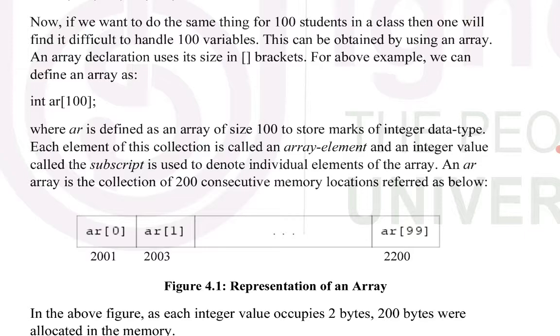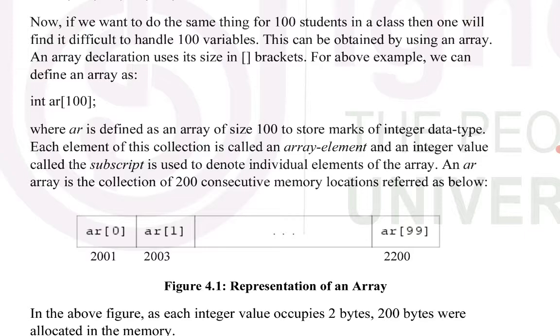For example, if you create variables, maybe you can create up to 10 variables. If we require more than 10 variables, like 20 or 30, that is very difficult to create and manage. So in those cases we use the concept called arrays.